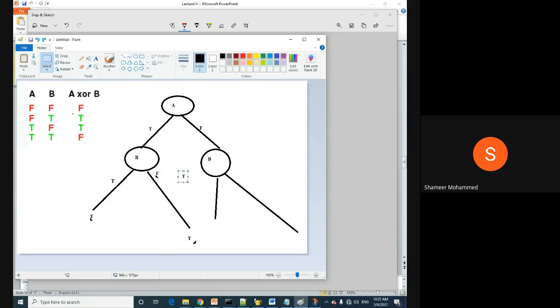So now, if A is false and B is true, the result is true.